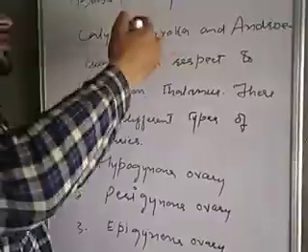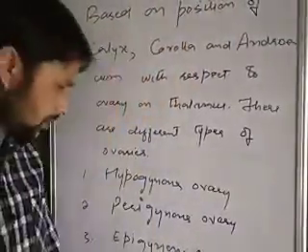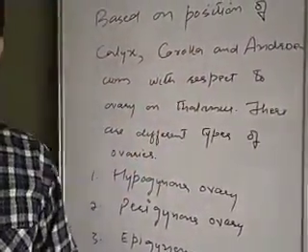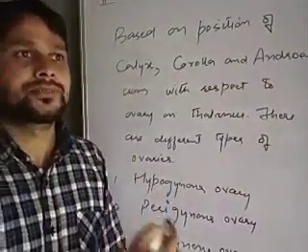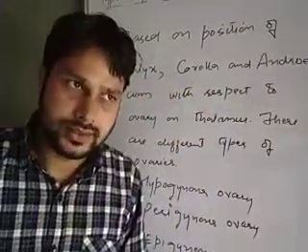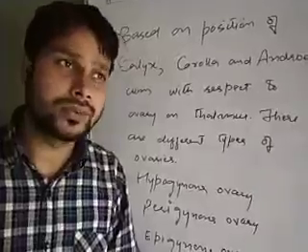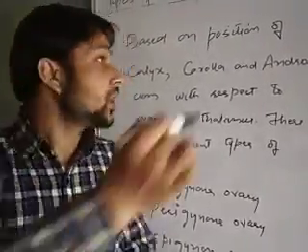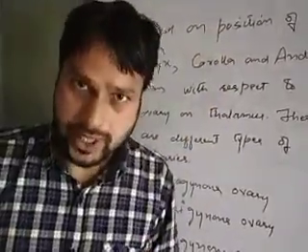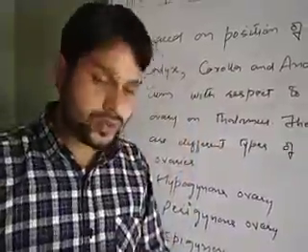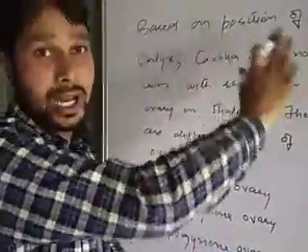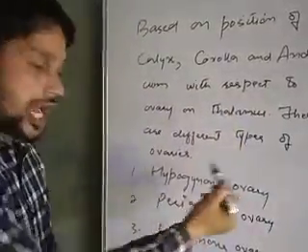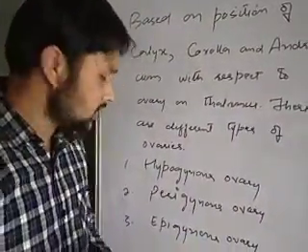So based on position of calyx, corolla, and androecium, these ovaries are hypogynous, perigynous, and epigynous. As you know, calyx is basically a collection of sepals, corolla is a collection of petals, and androecium is a collection of stamens. So with respect to these floral appendages, there are hypogynous, perigynous, and epigynous ovaries.